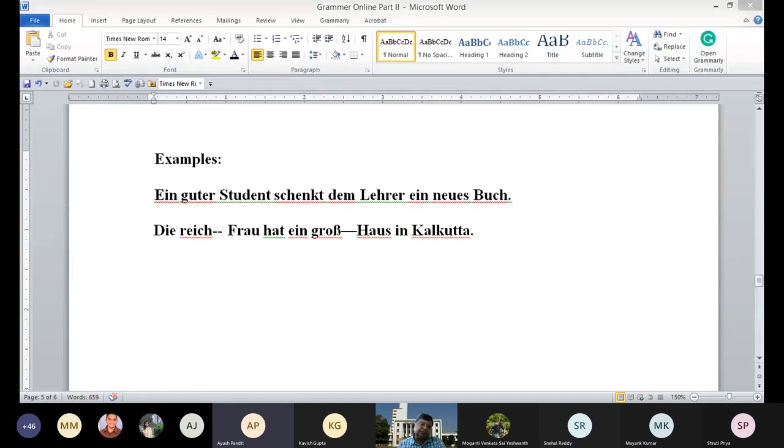Hello, Ayush. Can you see the screen? Yes, sir. So just try and add the adjectives. It will be: Die reiche Frau hat ein großes Haus in Calcutta.